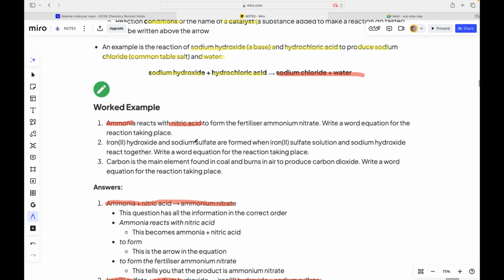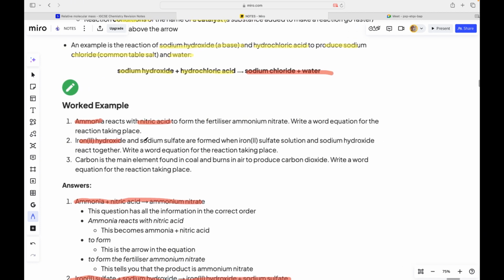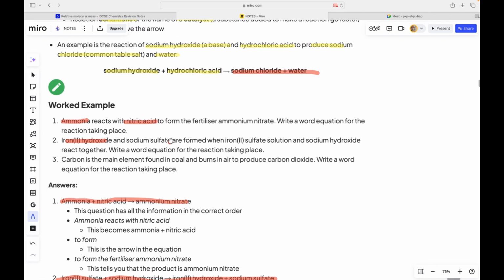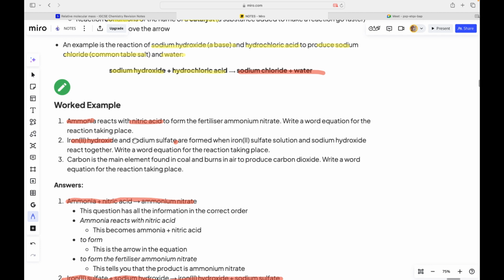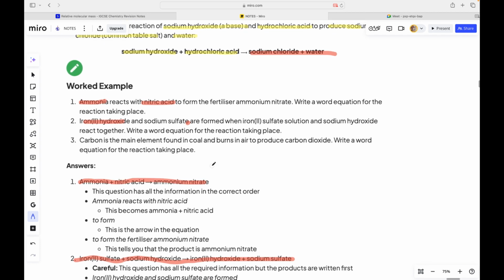Iron 2 hydroxide and sodium sulfate are products that can be formed from iron 2 sulfate reacting with sodium hydroxide.